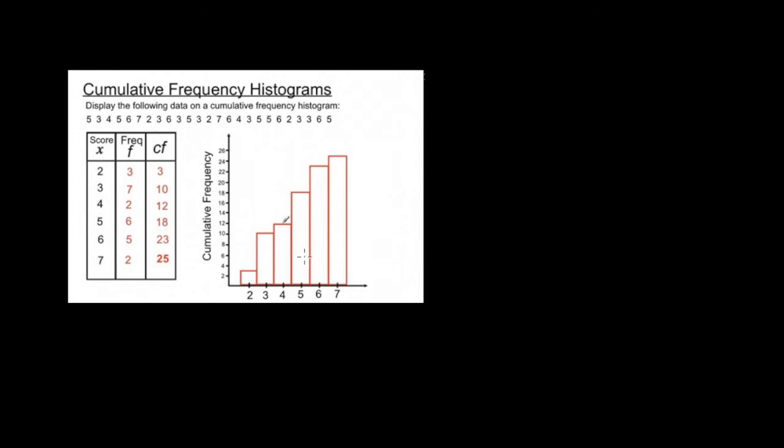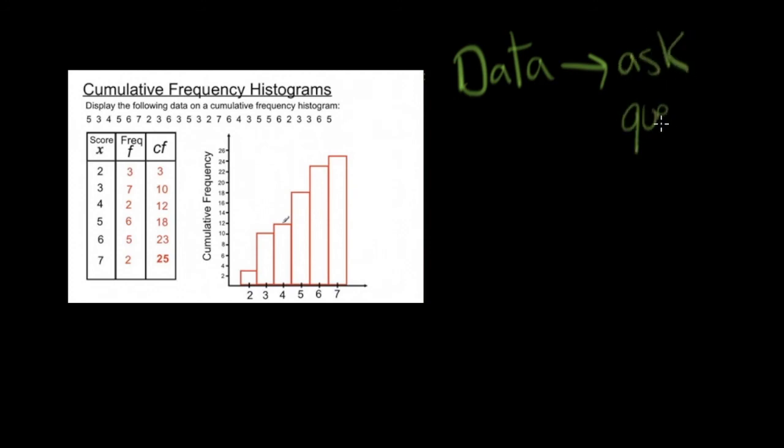Well, that's interesting. Why would I want to know where the biggest jump is in a data set? Well, that would make me ask a question. Remember, what does data do? Data hopefully makes you ask questions. A lot of people sometimes are scared of data when they see results.